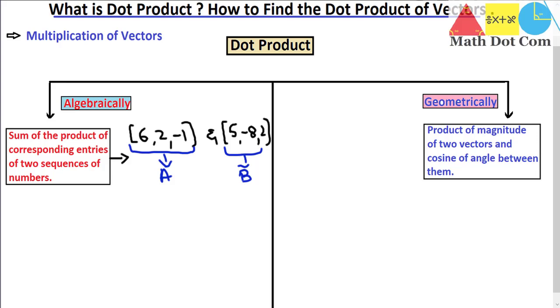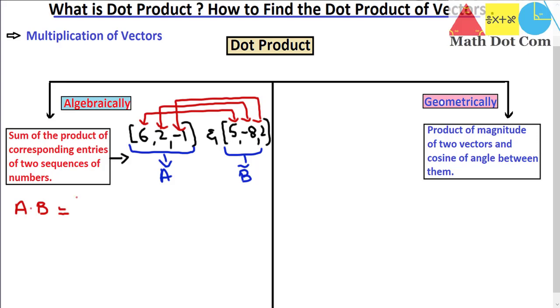So A dot B is equal to, as I have written here, the sum of the product of the corresponding entries of the two sequences of numbers. We take the product of the first two entries, then the product of the second two, and then the product of the last two, and then we sum them together.